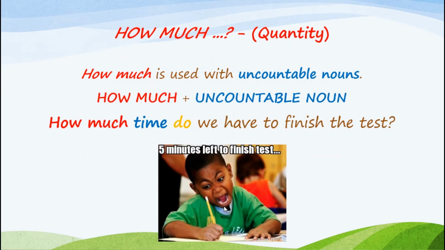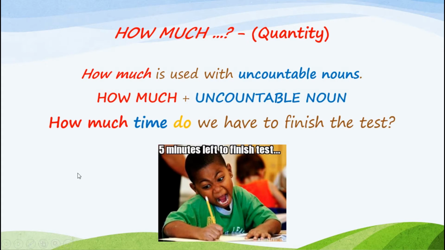Okay, now that we know what are countable and uncountable nouns, we are going to learn how to use how much and how many. First, how much. We use how much to talk about quantity. How much is used with uncountable nouns. So we use how much plus an uncountable noun.